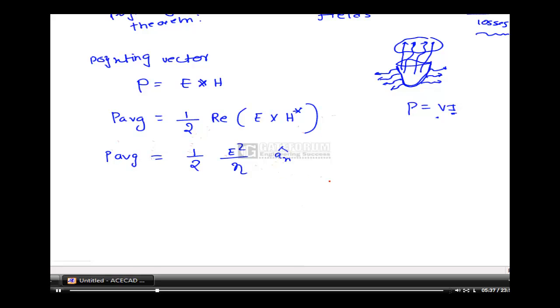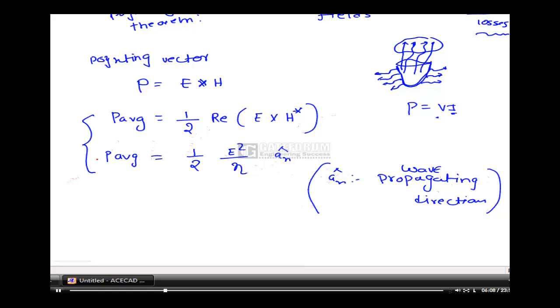What is this a_n cap? It is the wave propagating direction. That is, the Poynting vector is always in the direction of wave propagation. So these two formulas are very useful for solving problems.